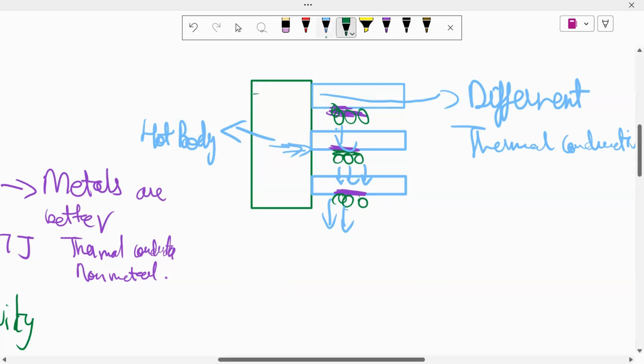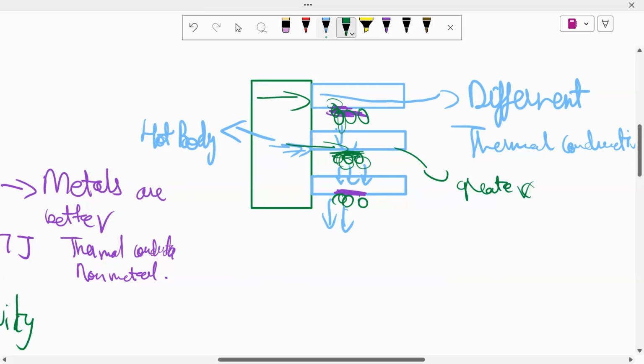So the first rod gained some heat, and from that heat this part of the wax melted and one ball fell. In the second, all three balls fell, which means the wax melted very quickly, so this second one has greater thermal conductivity than the first one.